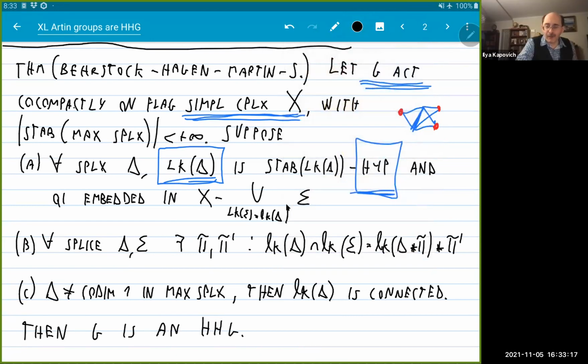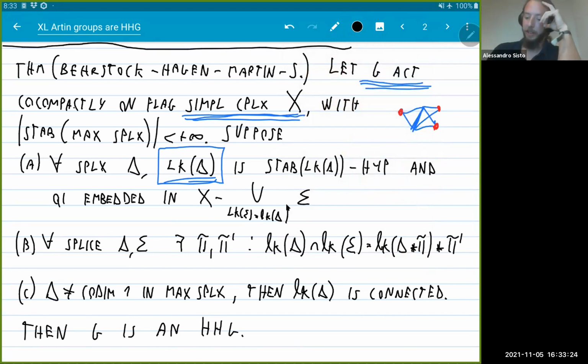Sorry, what is hyperbolic here? The link or the stabilizer of the link? Because you have something else. So right, the link is, and now this is the notion that I defined before, stabilizer of the link hyperbolic. So maybe I'm allowed to add edges. So finitely many orbits of edges where the orbits are with respect to the stabilizer of the link.